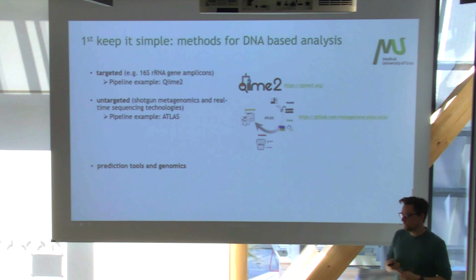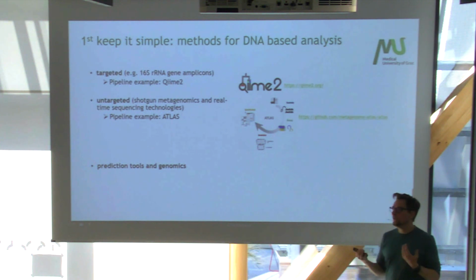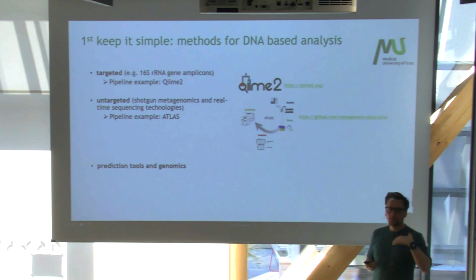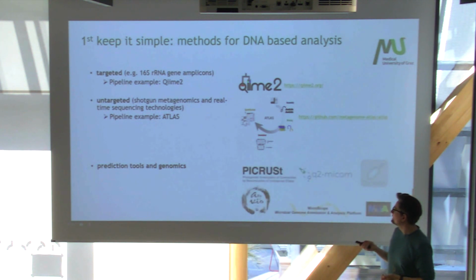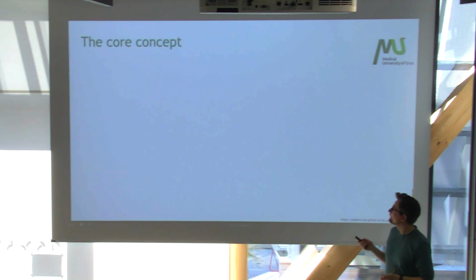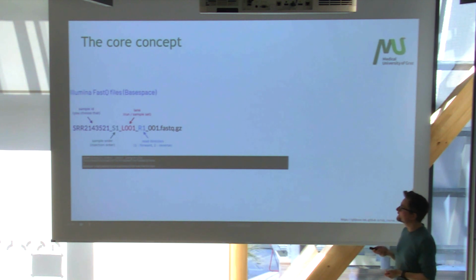What is the new hot stuff on the research market are so-called prediction tools, so that you just measure, for instance, DNA, but with the help of a database, you can then infer which metabolites are produced by these microorganisms. In each part of this data analysis, when it comes to DNA, we get some kind of sequence data.